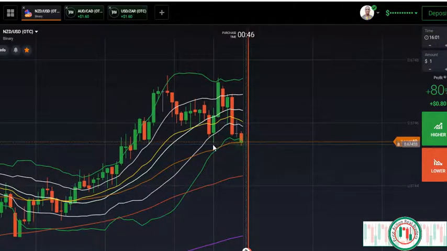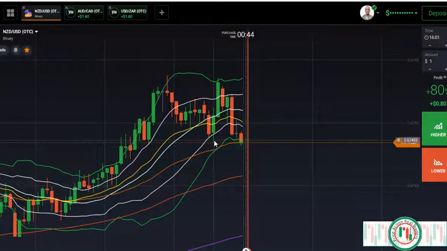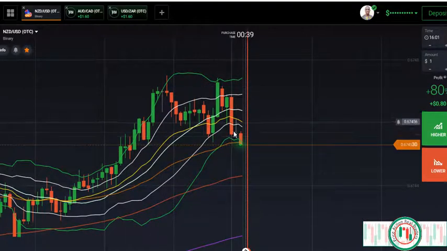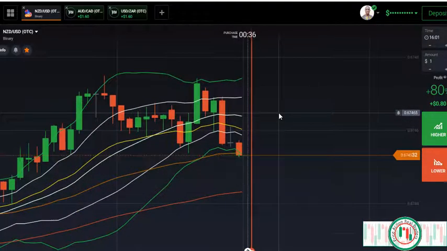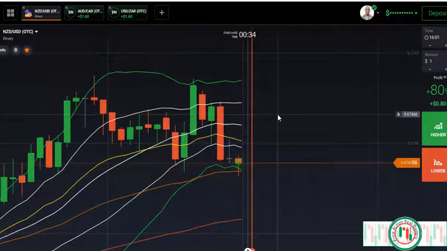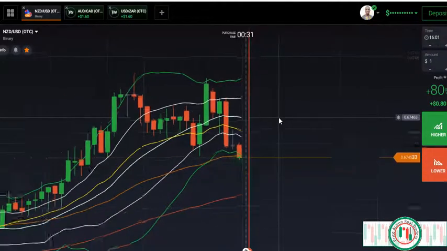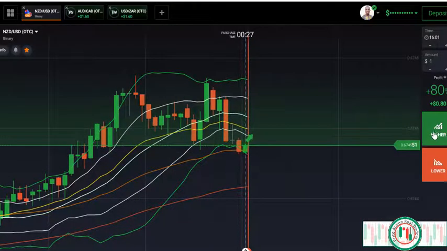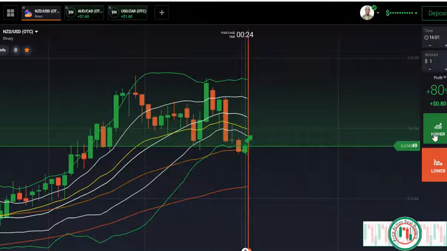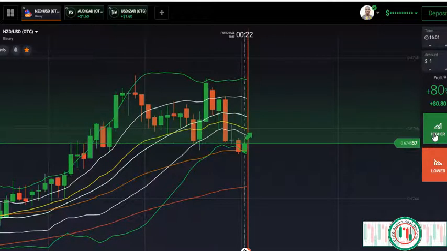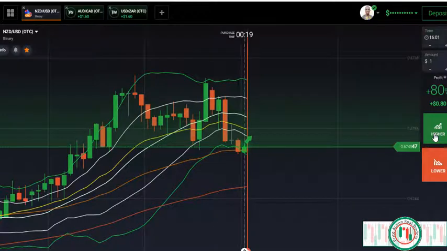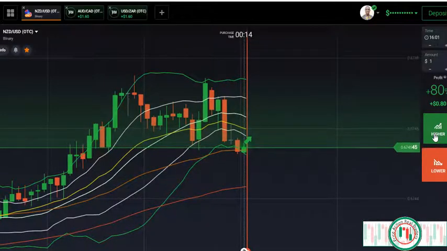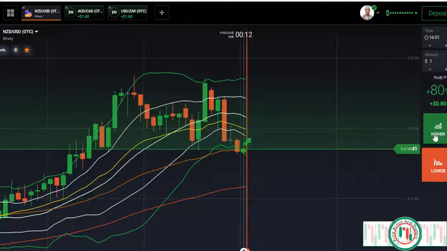So after breakout, buyers may enter because of this strong buyers area. If market comes down a little bit, I will place my trade. Down, down, down.